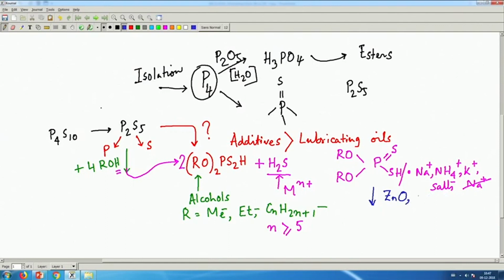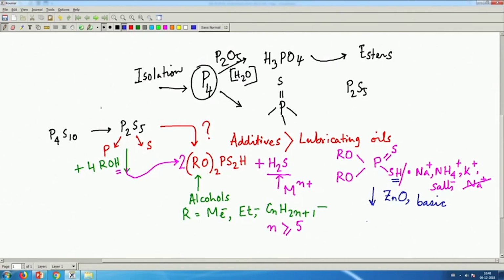Once it forms, we all know that zinc oxide is basic in nature. So either you use the corresponding salts, that means the sodium, potassium or ammonium salt, or you can directly use the corresponding acid, because H is present already. So this is a sulfur based acid, with S minus and H plus.